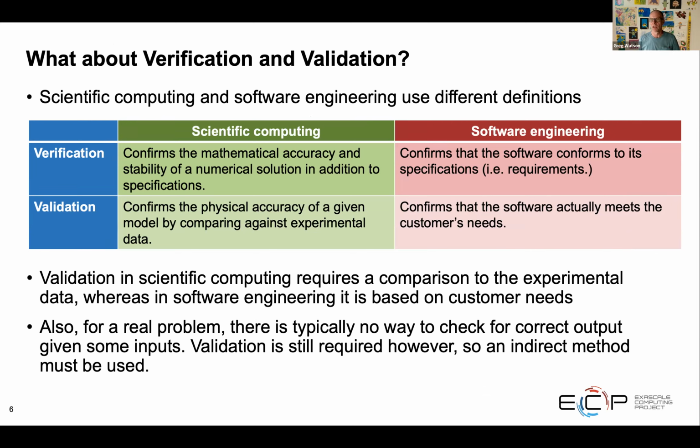From a software engineering point of view, verification is checking that the software conforms to the specifications of the software, that is the requirements of the software. From a scientific computing point of view, it essentially extends this to include the mathematical accuracy and stability of the numerical solution.